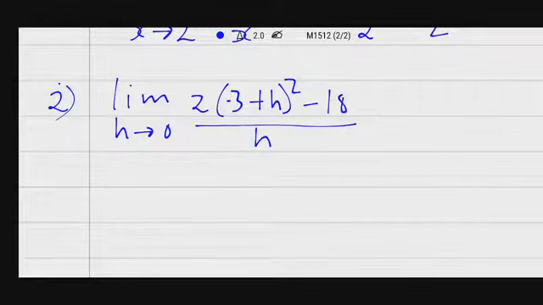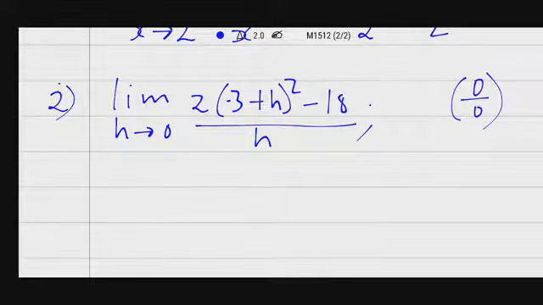Again, we still have the indeterminate form of 0 over 0. You put h to be 0 here, then you have minus 3 squared, which is 9. 9 times 2 is 18. 18 minus 18 is 0. In the numerator we have 0.